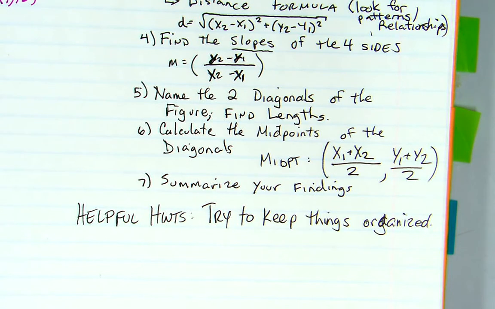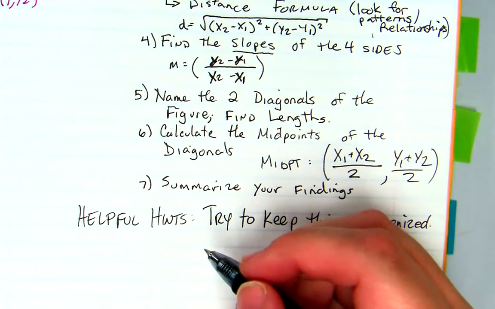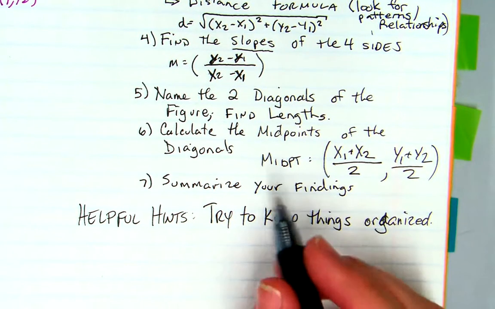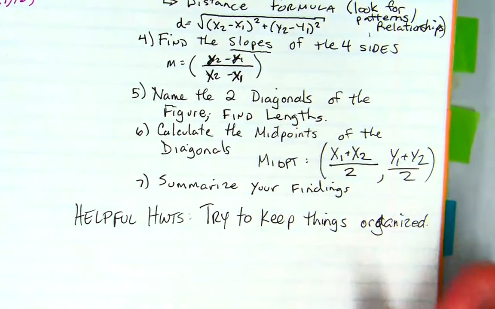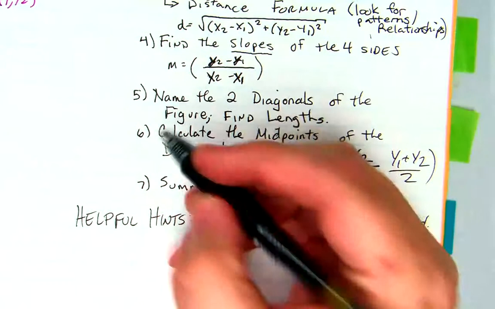What you want to do is keep things organized as best as possible. So try to keep things organized. That's the biggest thing. When we're doing a lot of stuff like this, keep it organized.